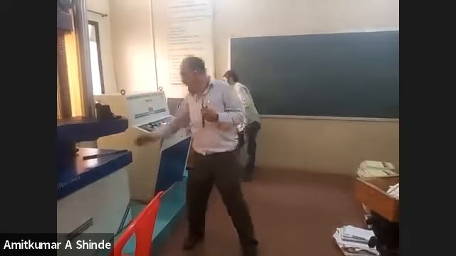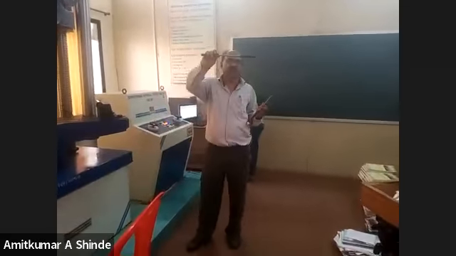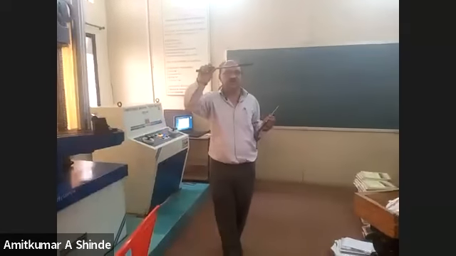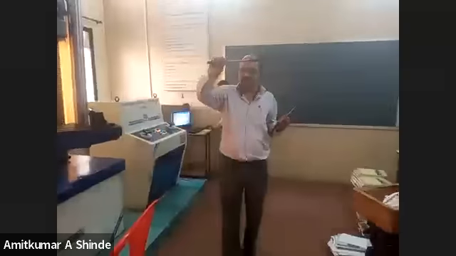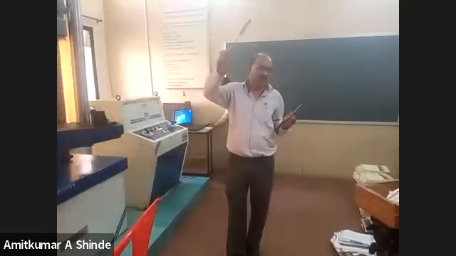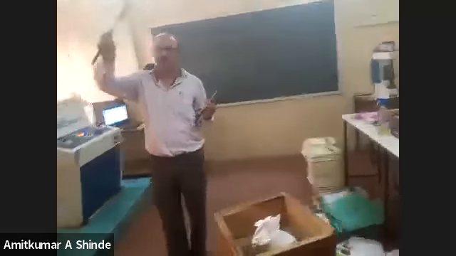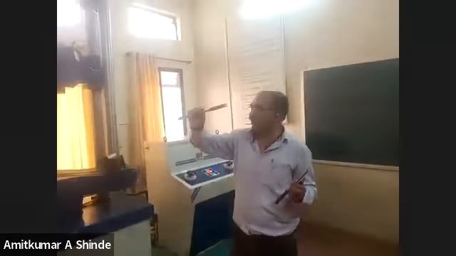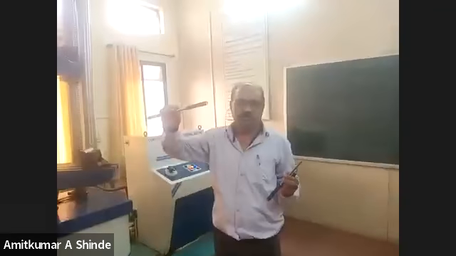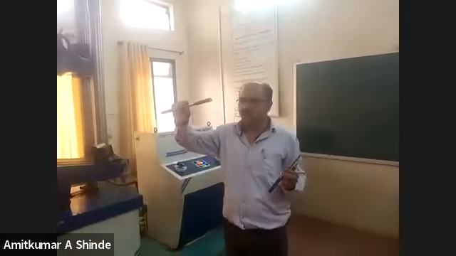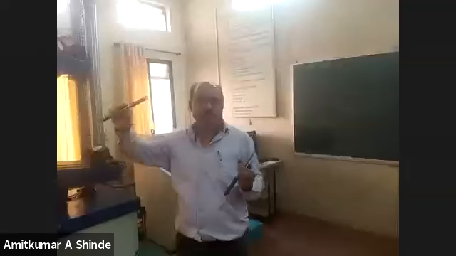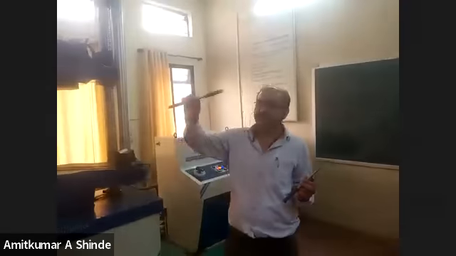How? Once again I will repeat. Initially the workpiece is like this. You have to decide the gauge length and gauge diameter as per Indian standard. If you select a gauge diameter of 10, with the help of the 10 diameter you can calculate the cross section area, and the root of that cross section area into 5.65 gives you the gauge length.